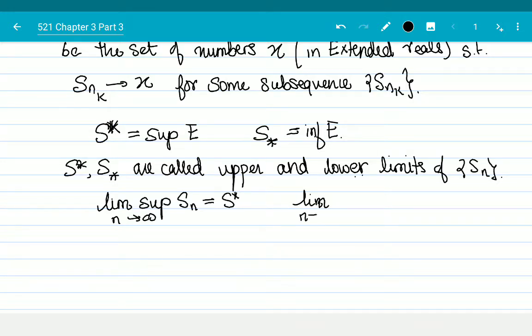Lim infimum Sn is equal to S lower star.